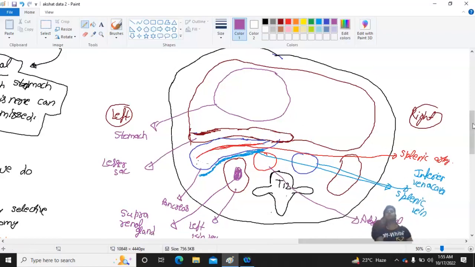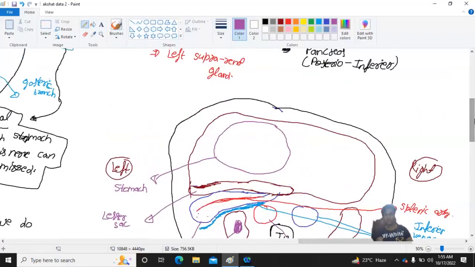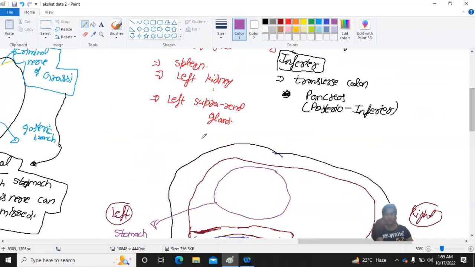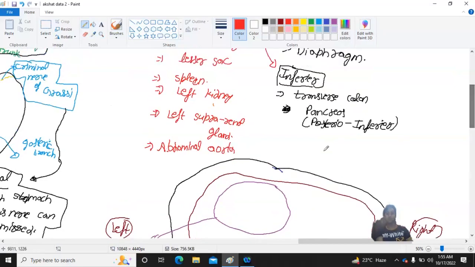This area is the stomach bed. We can write abdominal aorta also here. All things behind the stomach are called the stomach bed.